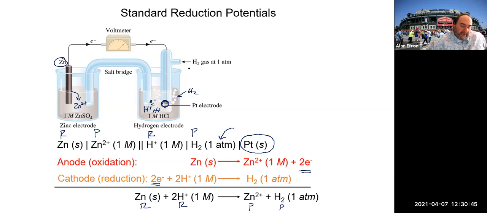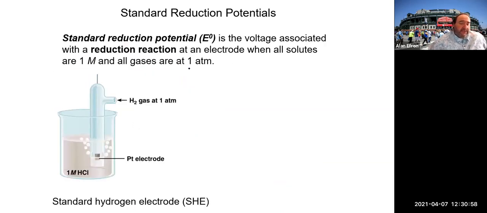So how do we know these half reactions? What is their value in terms of voltage? That is what is sometimes referred to as standard reduction potential, the SRP value, for standard reduction potential.